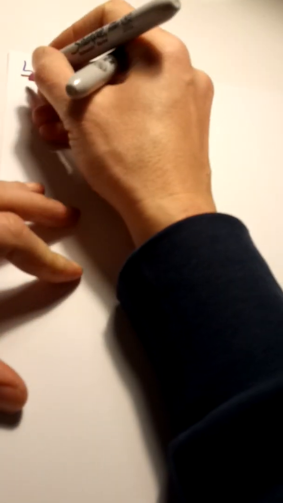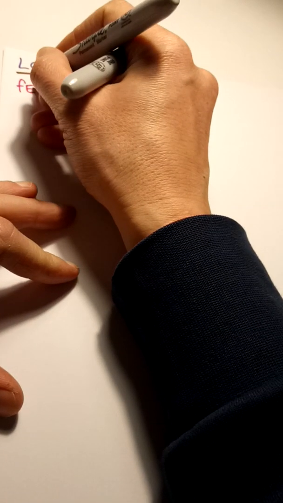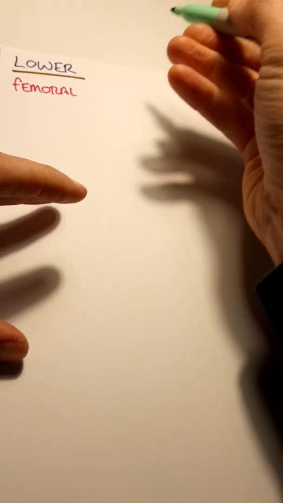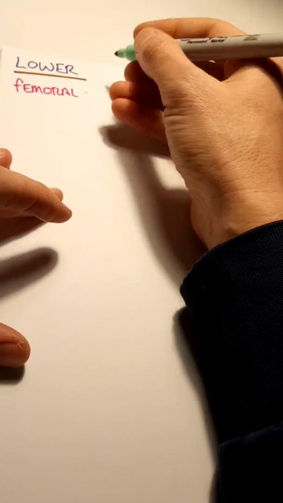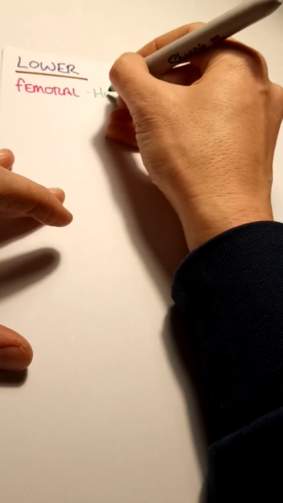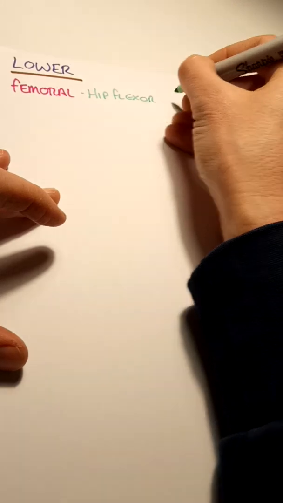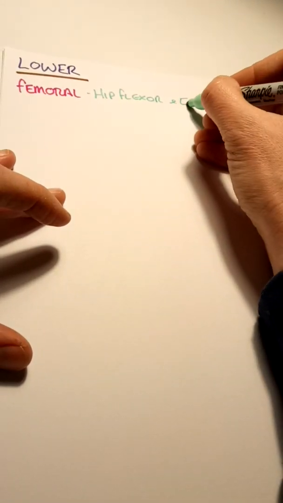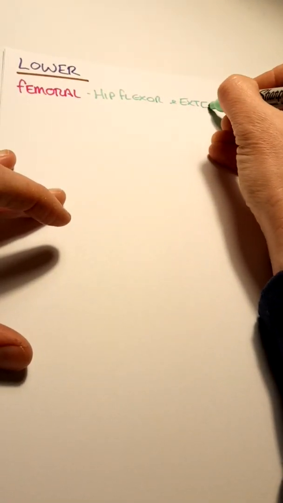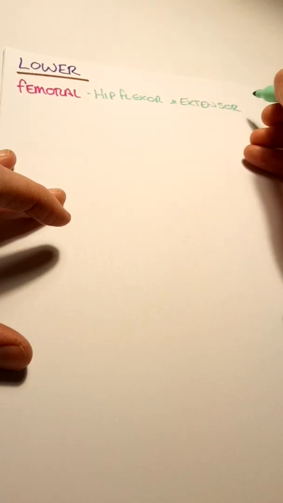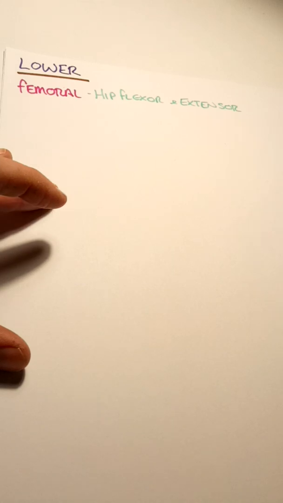So moving on to the lower peripheral nerves. Lower, we have our femoral nerve. And this does hip flexor and extensor leg muscles.